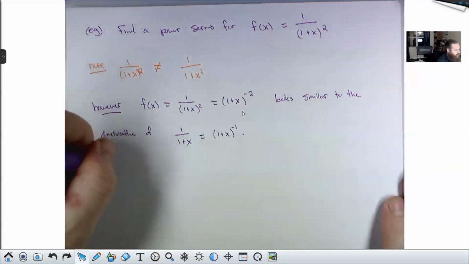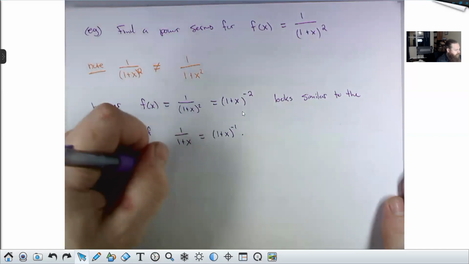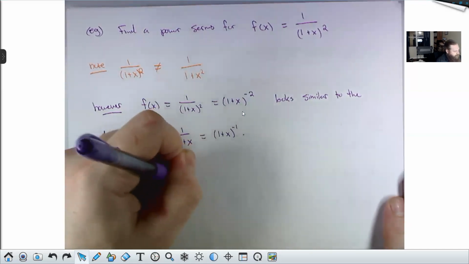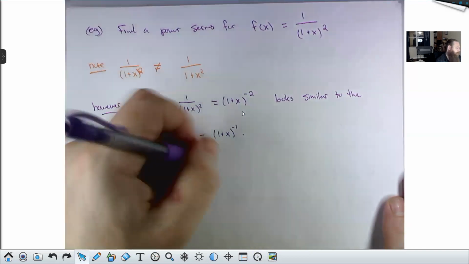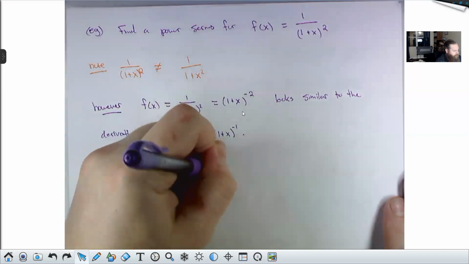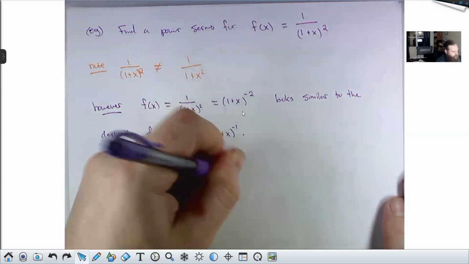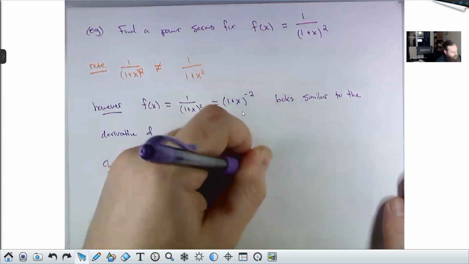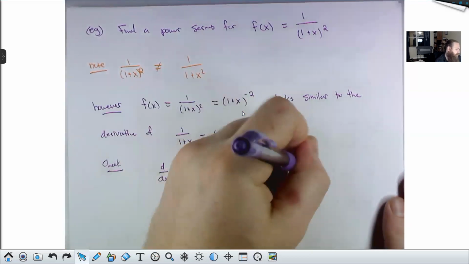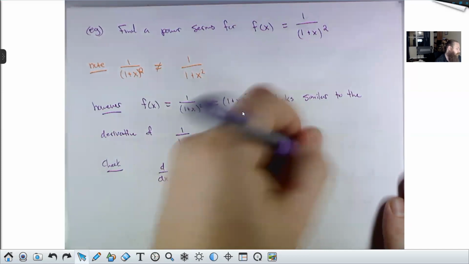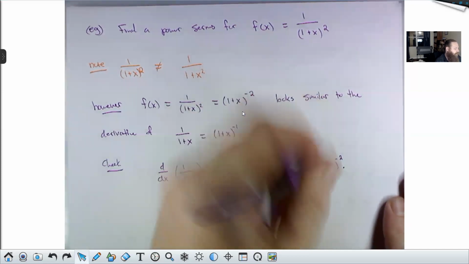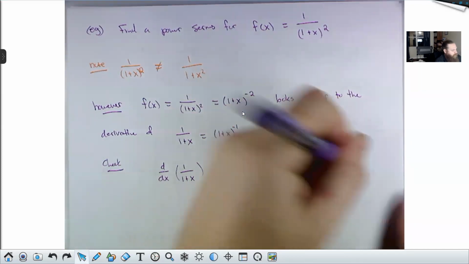So I'm going to check what the derivative of 1 over 1 plus x is. Well, that's the derivative of (1 plus x) to the negative first power, which would be negative 1 times (1 plus x) to the negative second, times the derivative of the inside by the chain rule, which is 1.